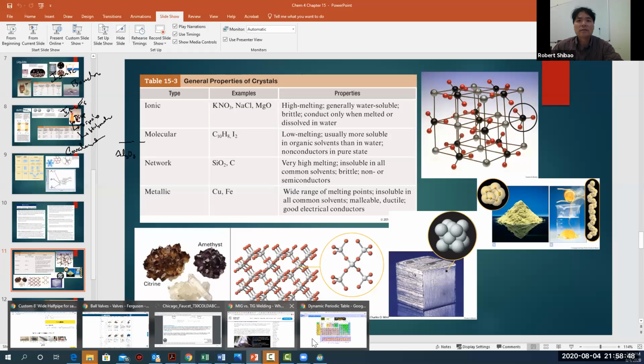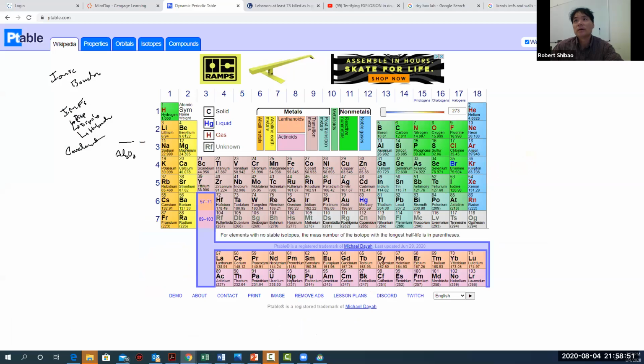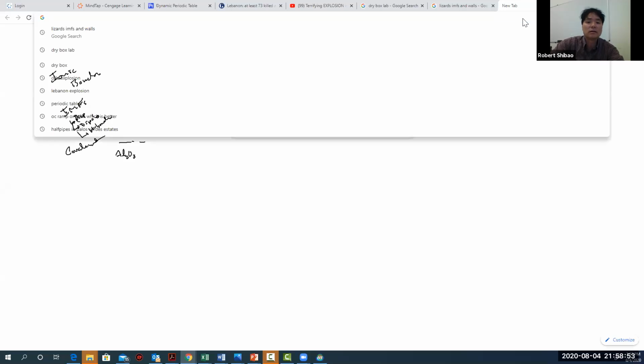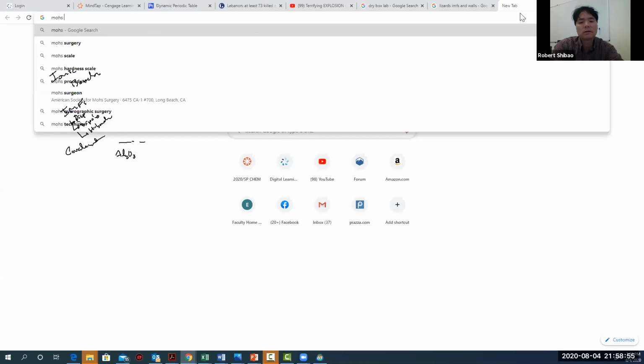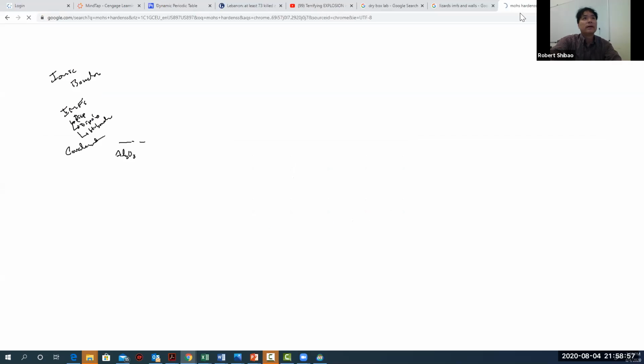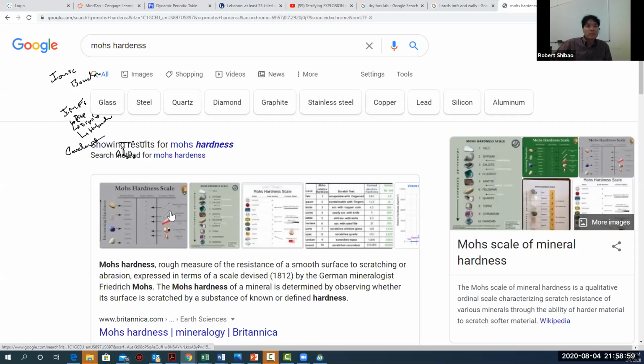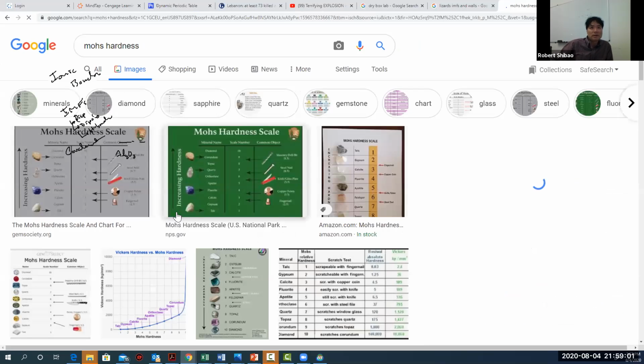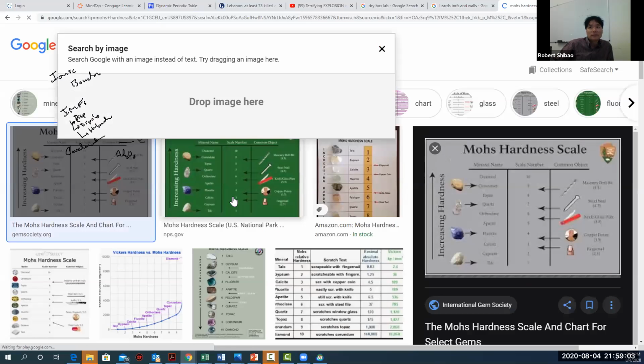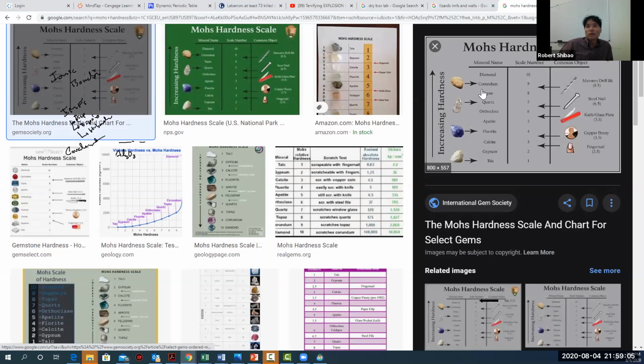These are qualitative. There are actual numbers that go with it, but the Mohs is just a qualitative hardness scale. Most geologists have to memorize this. Corundum is aluminum oxide. So diamond's a 10, corundum is 9, quartz is only a 7. I thought quartz was an 8.